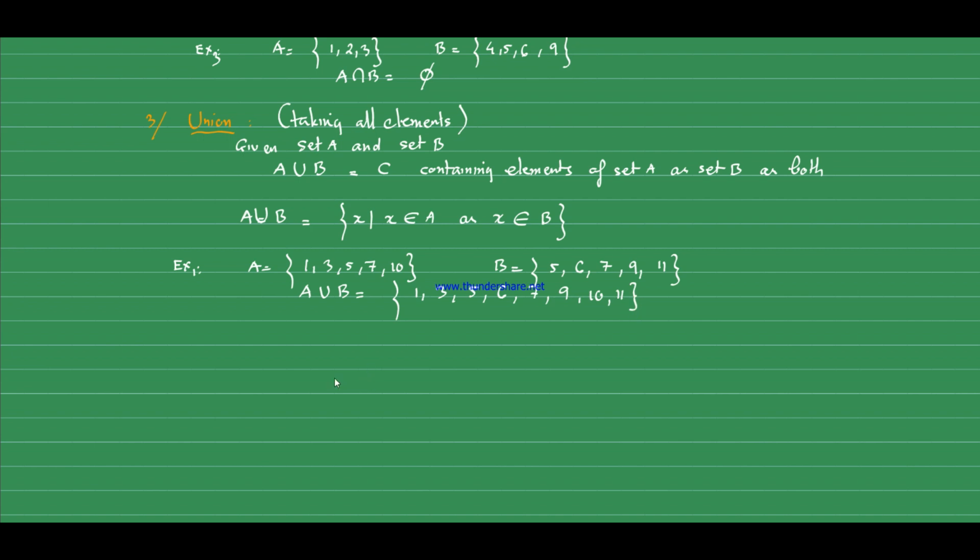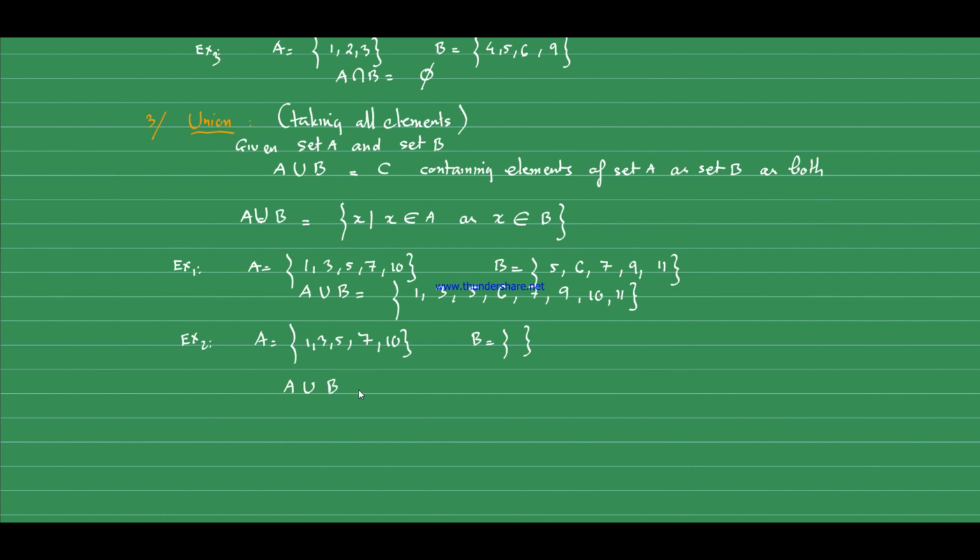And now what if I have a set and I want to find the union with an empty set? Again, set A is 1, 3, 5, 7, 10, and set B is an empty set. What do you think I get for the union between A and B?